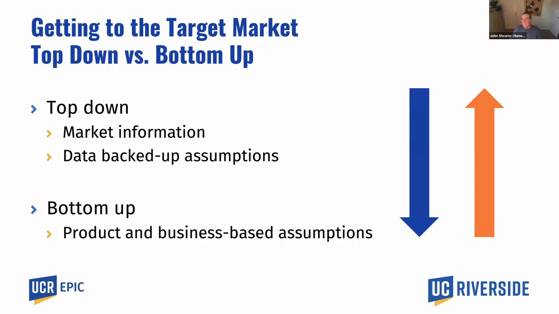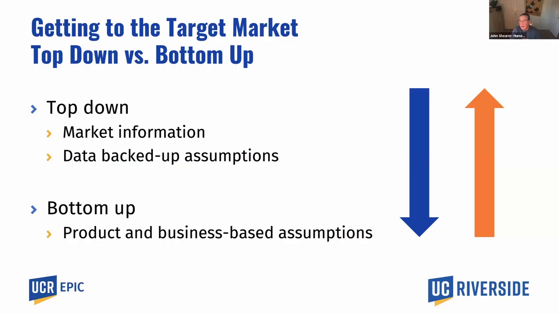There are two different types of markets to look at when doing your market calculus and market analysis. One is top down. Unlike your customer discovery, which is primary research, getting it directly from the source, if you're entering a market that already exists, you can look at a lot of already existing information.